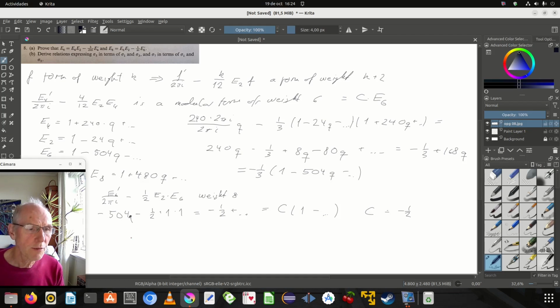Or I'll just write up the result here. So that's E6 divided by pi i minus E2 E6 equals E8. It was a minus, so it's minus and plus. And now up here it was minus 1/3.